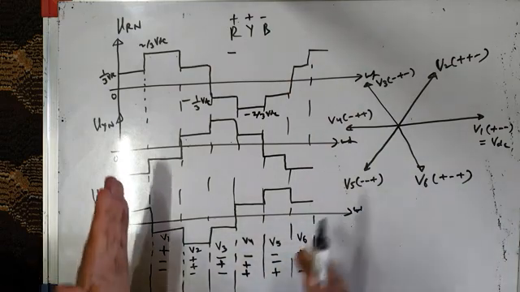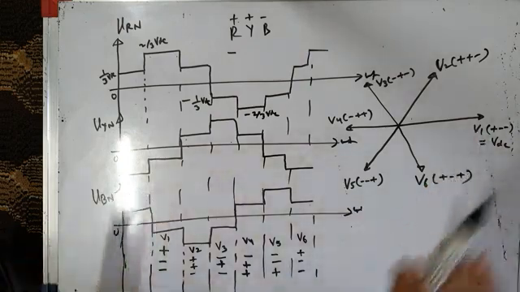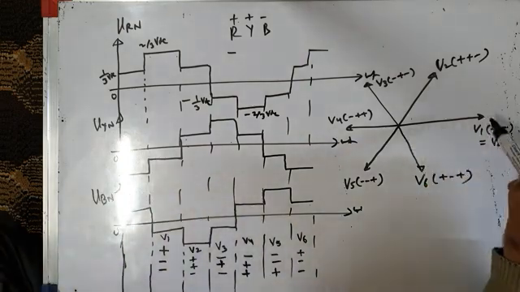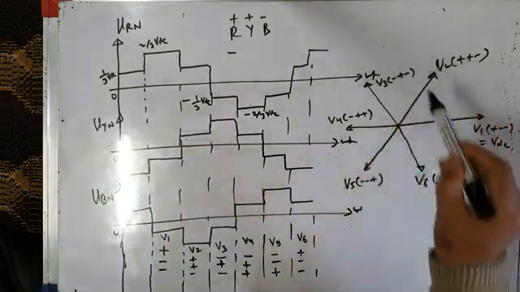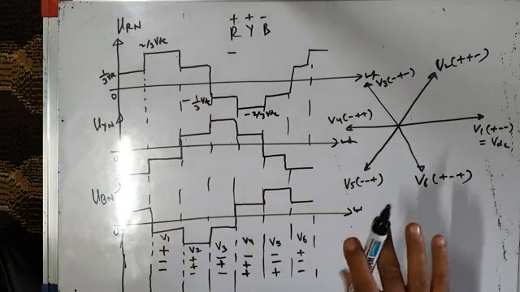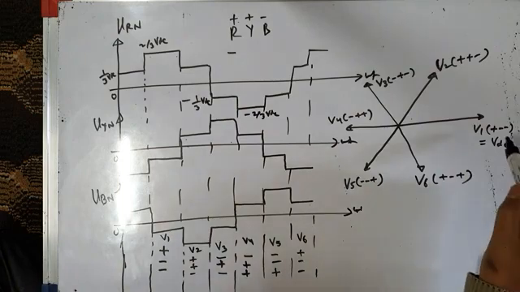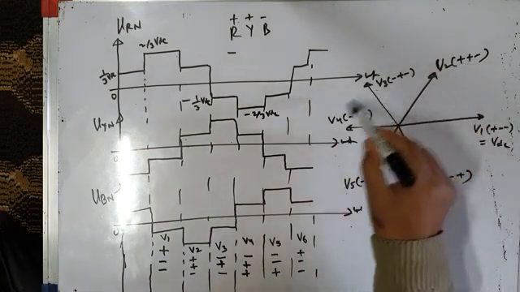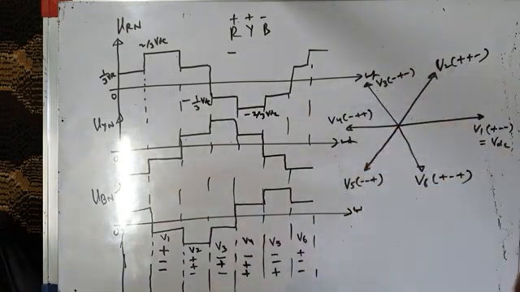So therefore, now you have to understand, see, this is the graphical representation of your switching states. Just a few moments back, we considered different switching states like plus minus minus, plus plus minus. We considered all these active switching states a little while ago, and we transformed from the ABC reference frame to the alpha beta reference frame.